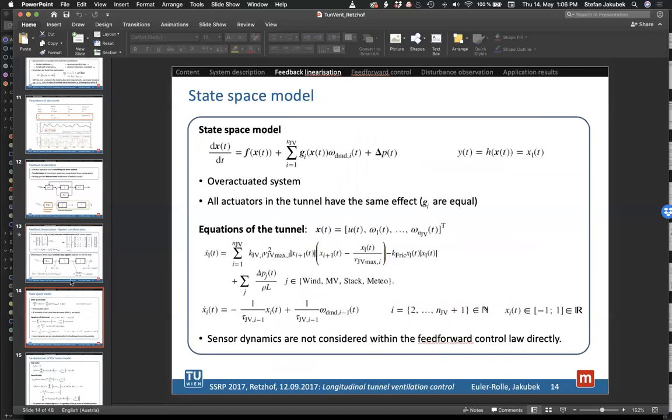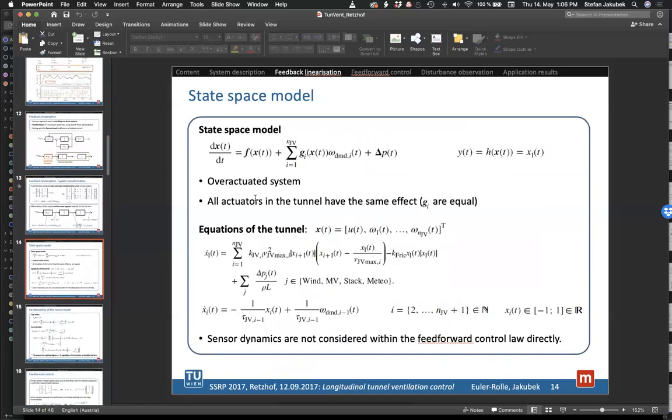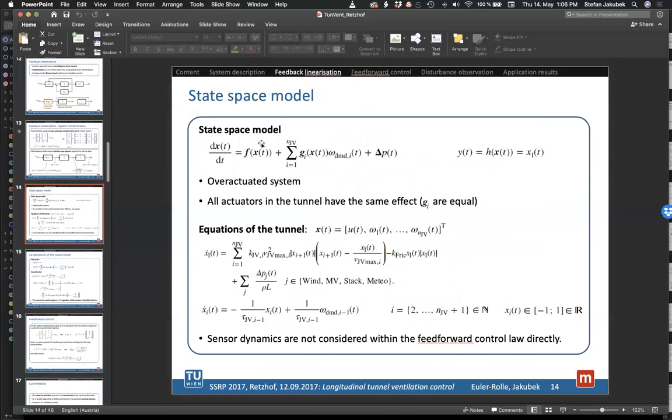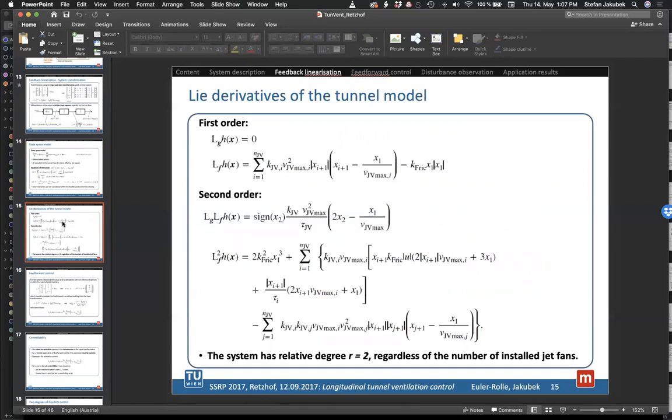And now I'm skipping all this. And of course, there's the state space model, which I've already explained. So there it has a number of states. So this is the actual speed of the system, the flow speed. And then there is some jet fan dynamics, as I've explained earlier, so to say. And then you have to compute those Lie derivatives. And as I've said before, x1 is actually the flow speed, x2 is the jet fan speed.